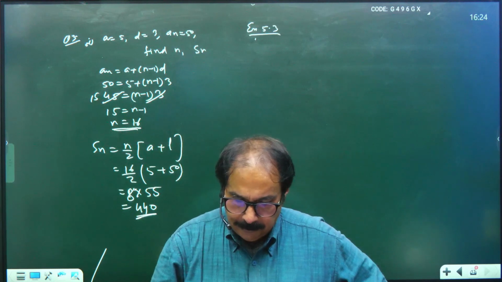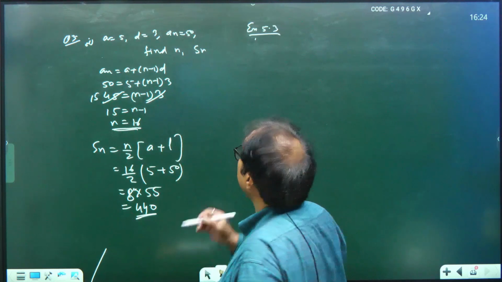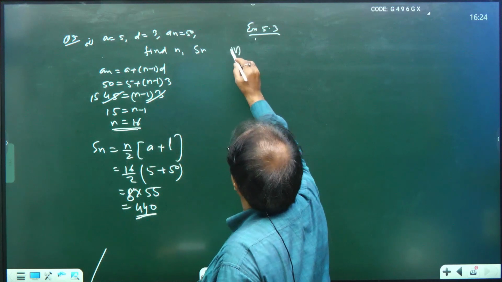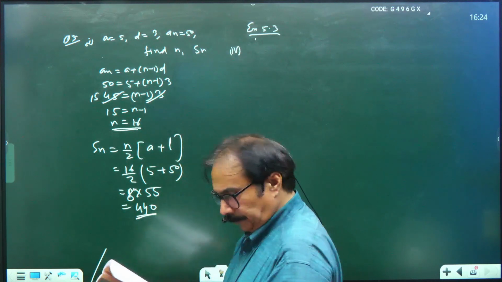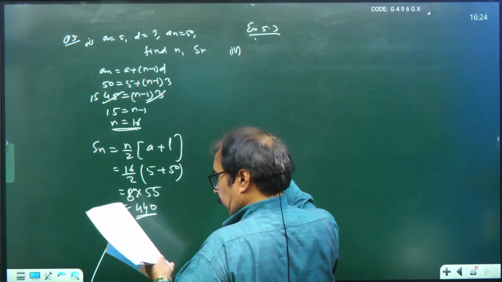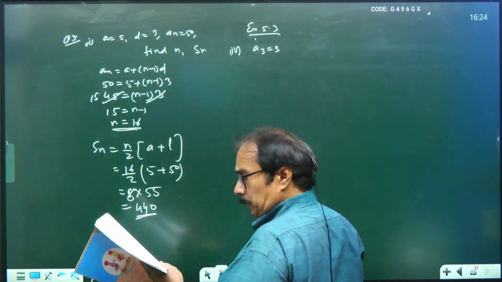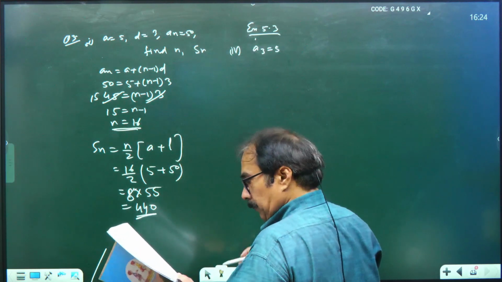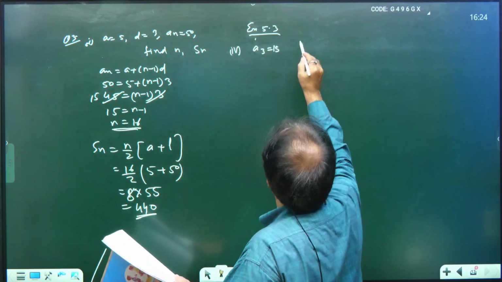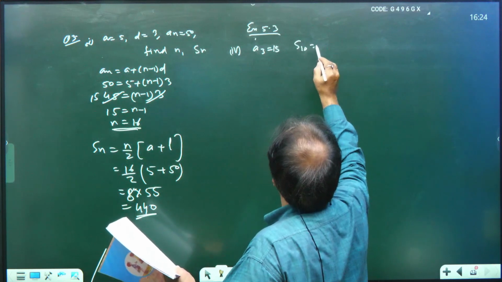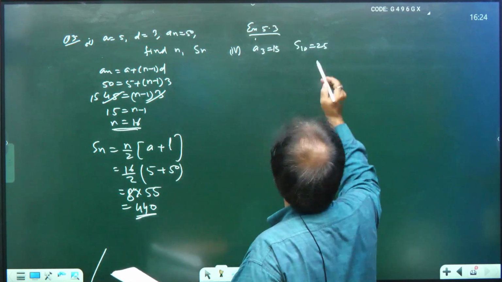I am taking the fourth part. Okay, the fourth part is given: a3 is equal to 15, and S10 is equal to 125.